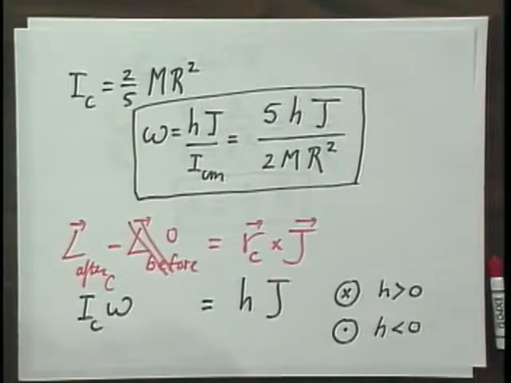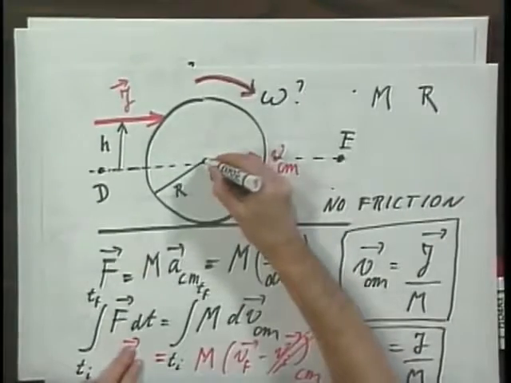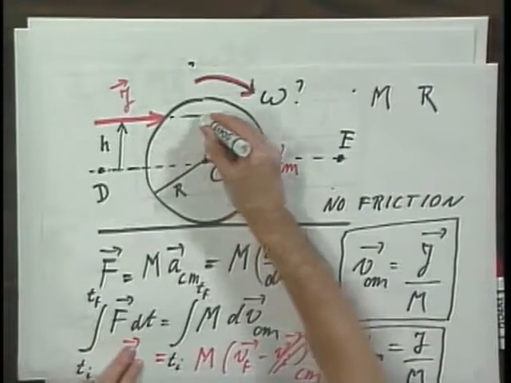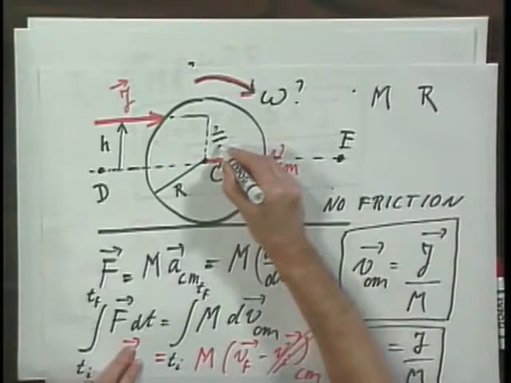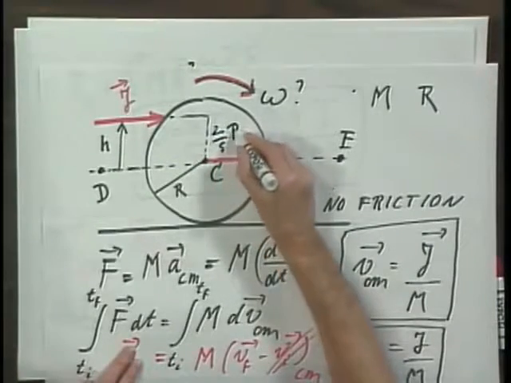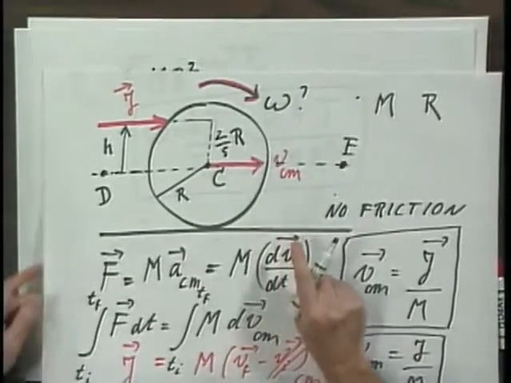In other words, I have to hit the ball at a distance h, where h is 2/5 r. Then the ball will go into pure roll.